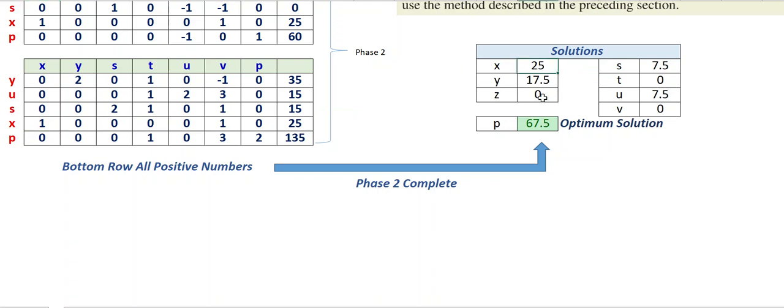Everything else is 0. Z is 0. T is 0. V is 0. And of course, P is 135 divided by 2, 67.5. So the optimal solution is 67.5, and it occurs when X is 25, Y is 17.5, and Z is 0.